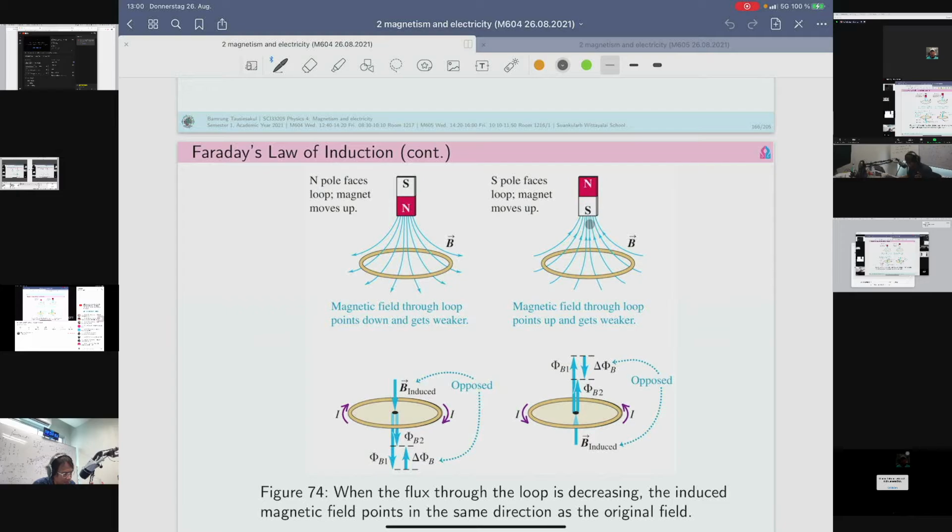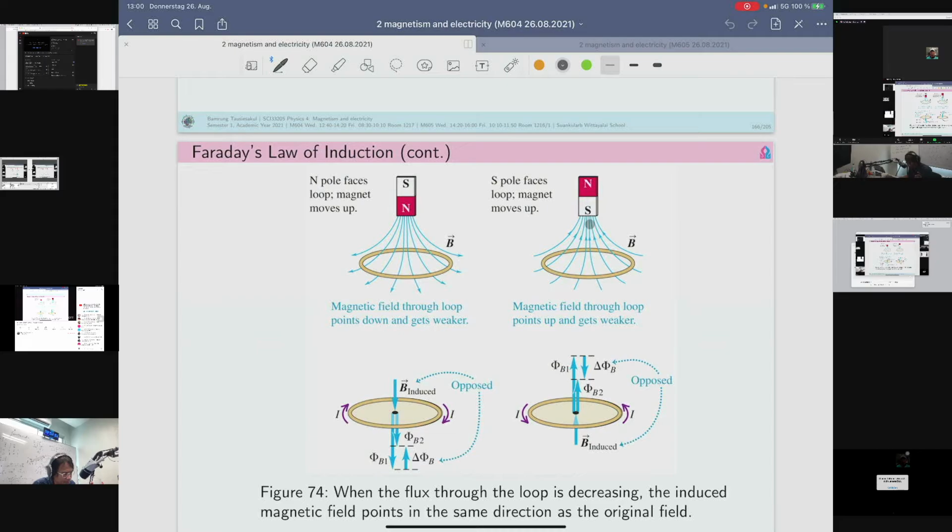So at state 1, we get the strong flux, which is phi B1, and at the second situation, we get a lighter magnetic flux, which is phi B2. That's why we can see the shorter vector here. And in physics, we measure the difference, the final state minus the initial state, phi B2 minus phi B1.